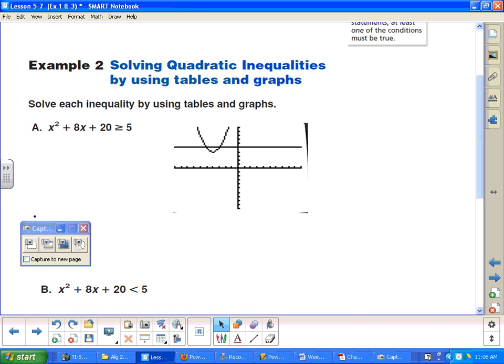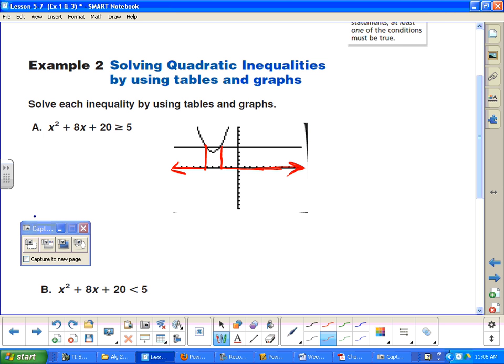So if I look at the x values here, I can't tell exactly where that is, but it's pretty close to here and pretty close to here, right? So since it says greater than or equal to, we're talking about all of these x values going this direction and all of them going that direction.